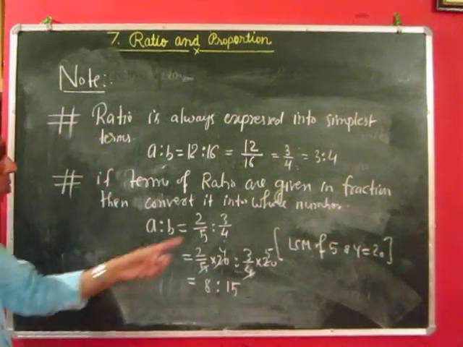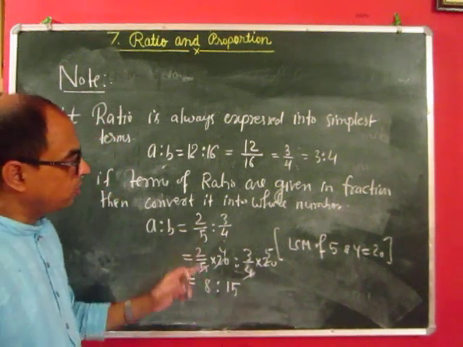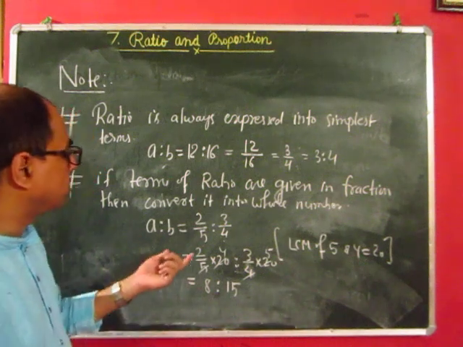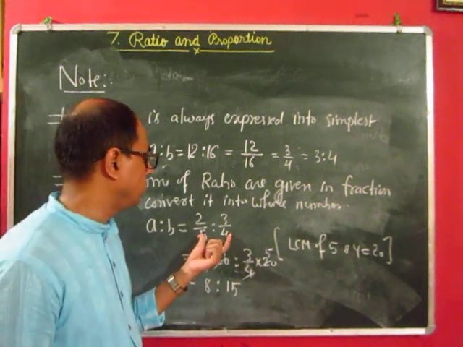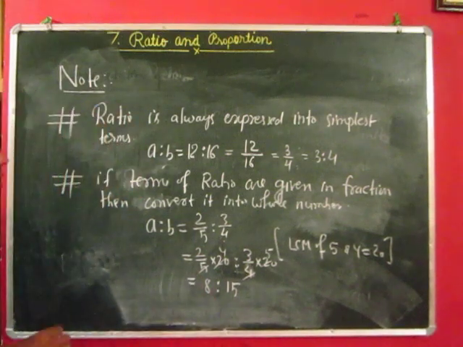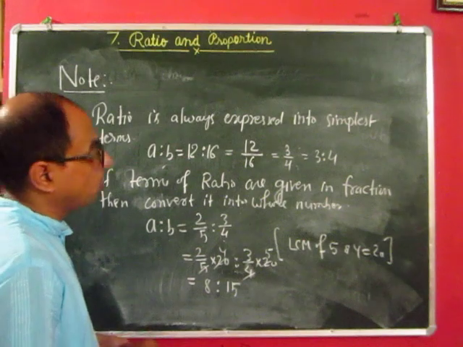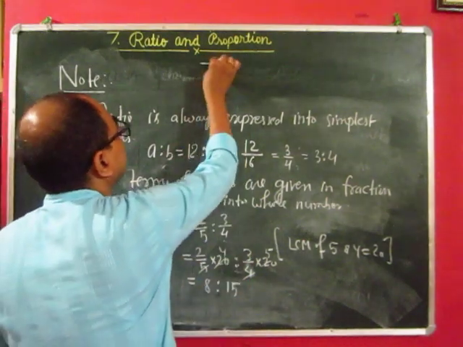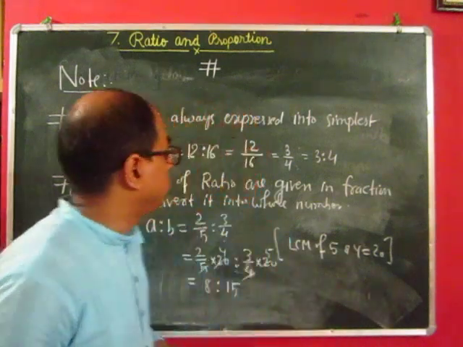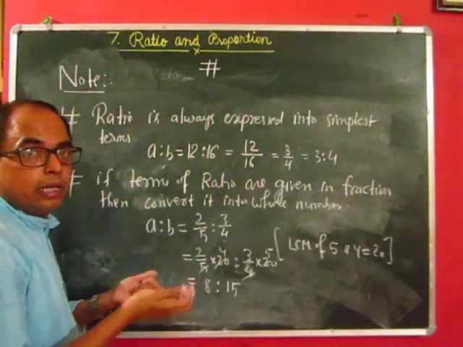Clear? So these two ratios are the same, equal. So always convert the fractional ratio into whole number. It will be convenient for you to solve the question. And the third important point is express ratio in the same format given in the question.